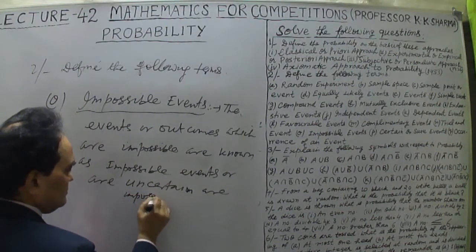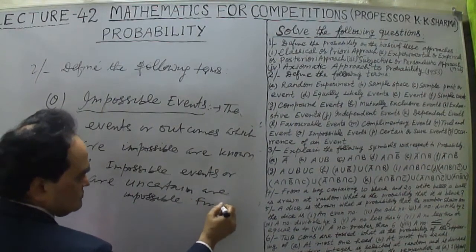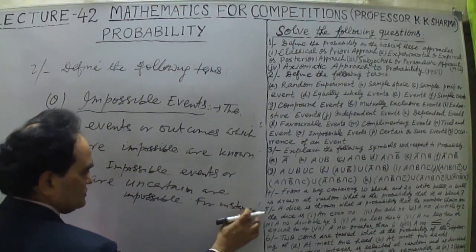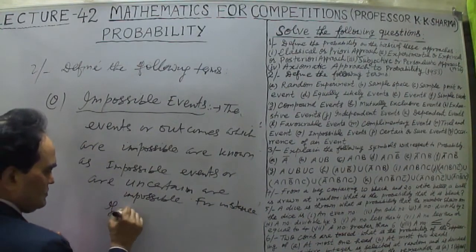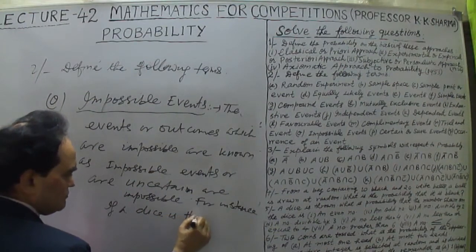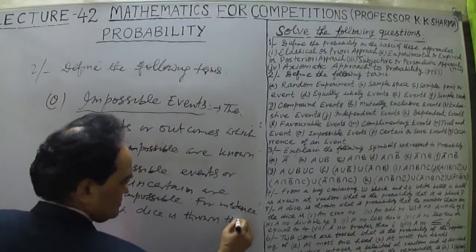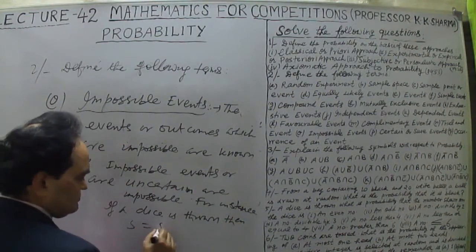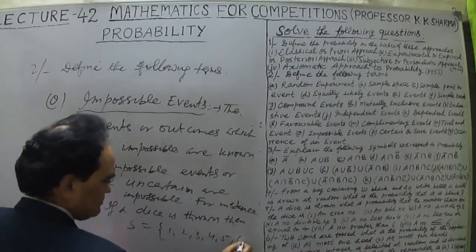Now let me define this. For instance, if a dice is thrown, then the sample space is what? 1, 2, up to 6, I have defined it a number of times.